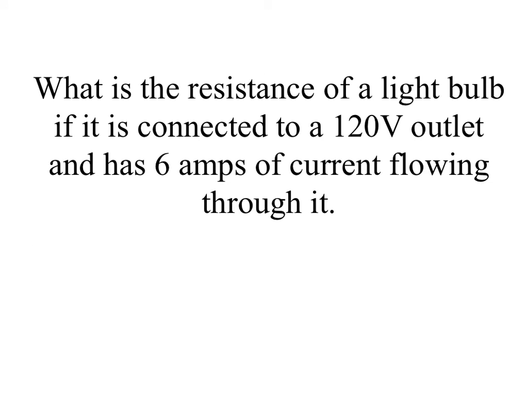Okay? All right, so let's do a little bit of math really quick in our head. What's the resistance of a light bulb if it's connected to a 120 volt outlet and has 6 amps of current flowing through it? Well, my equation is V equals IR. Where does this one go? 120 is V. 6 amps goes where?